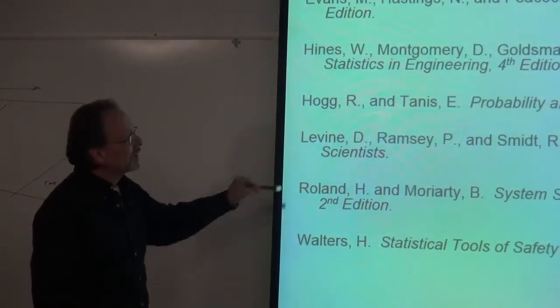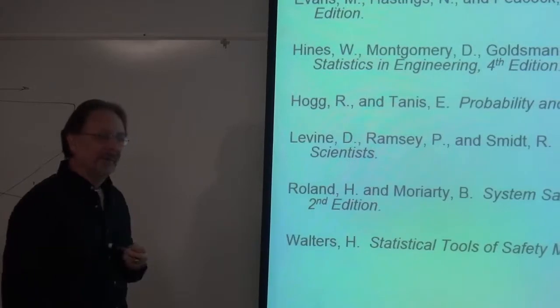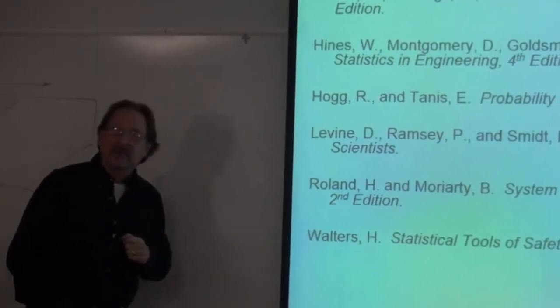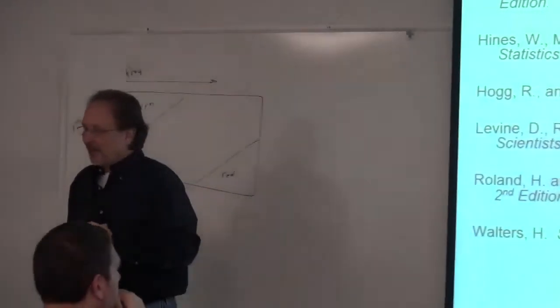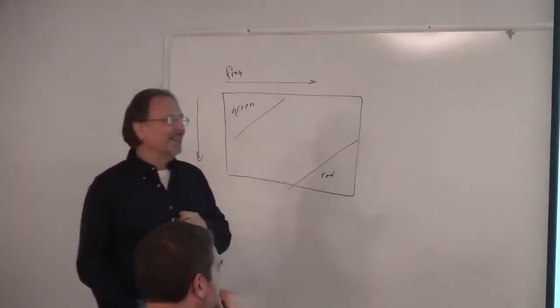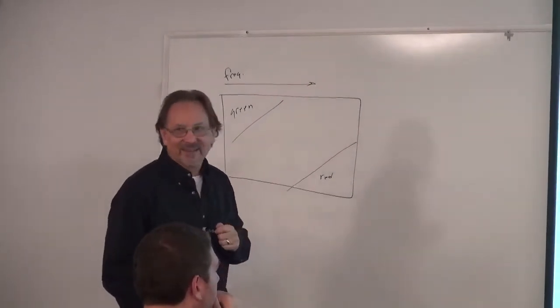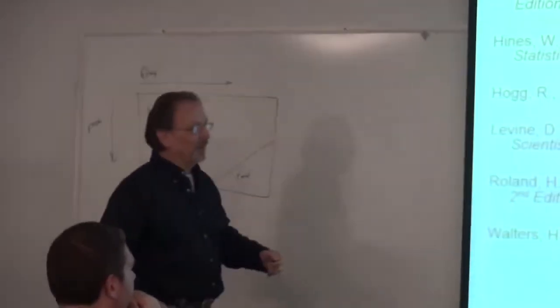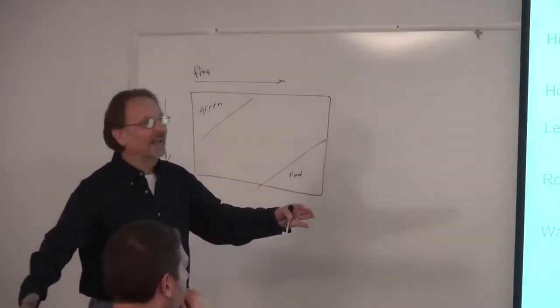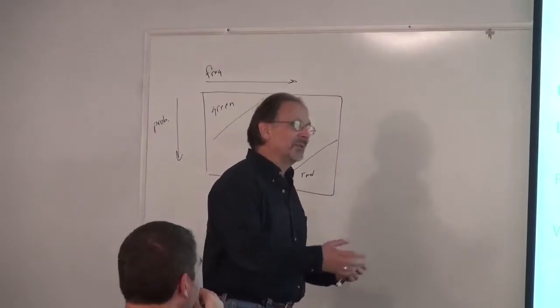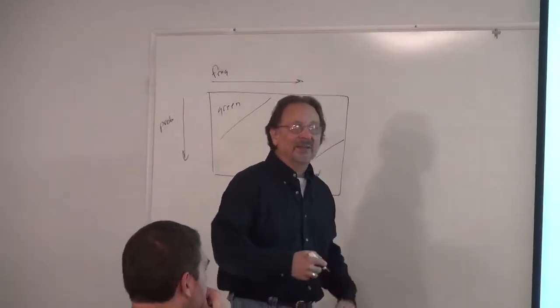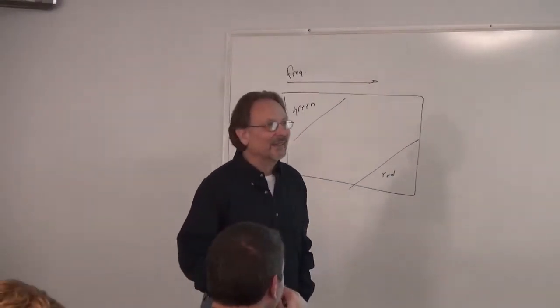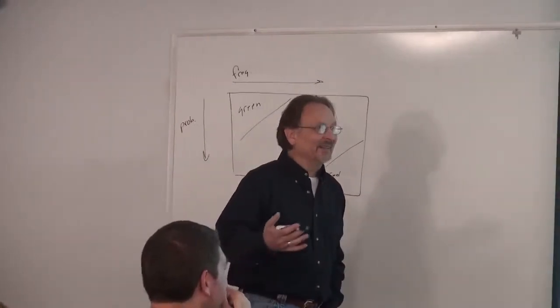And then Rowland and Moriarty have probability distributions and probability techniques. The trouble is that it's almost like shorthand. They have it presented so briefly that they skip about 1 million steps between the beginning and the end, and it's one of those books that when you're reading it, it says, and it should be obvious that the result is, and it's not obvious at all.